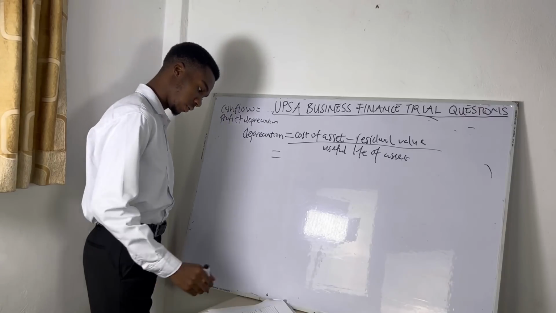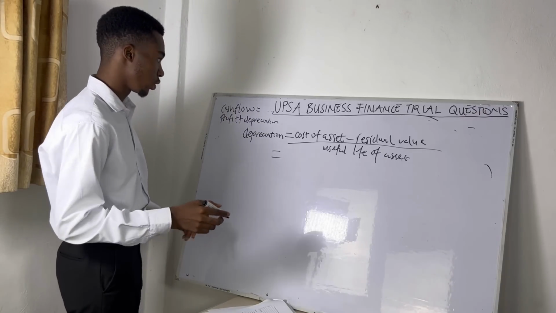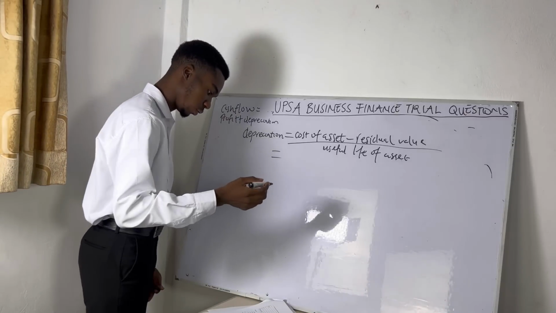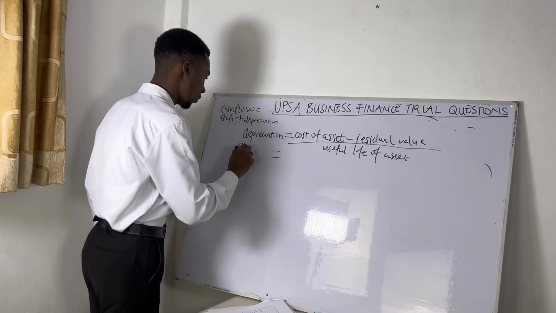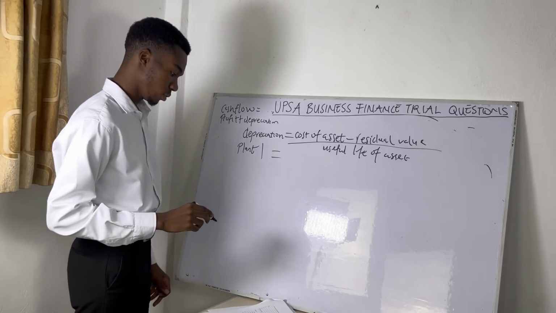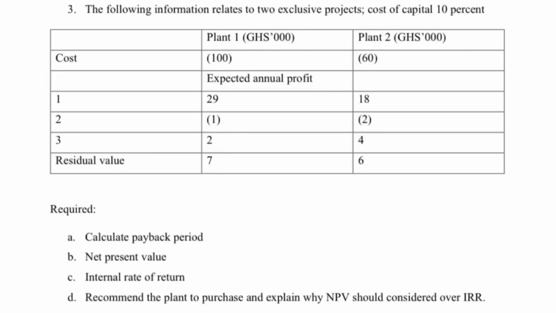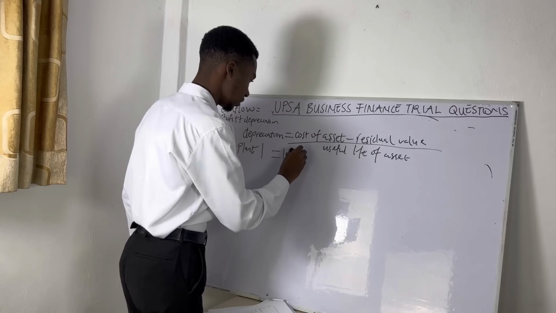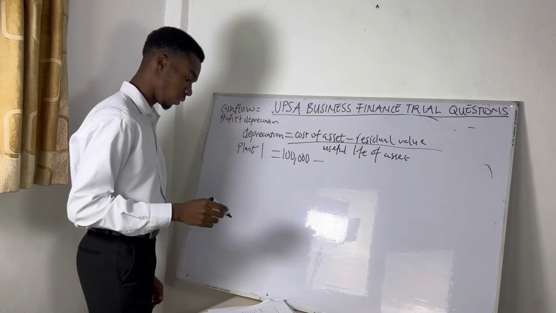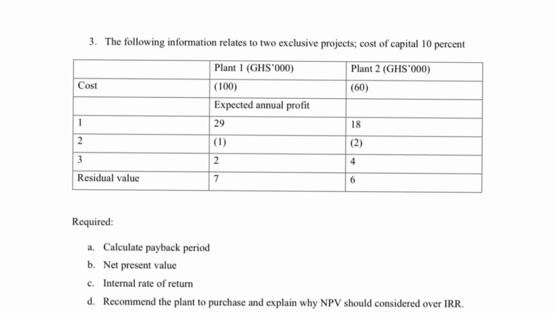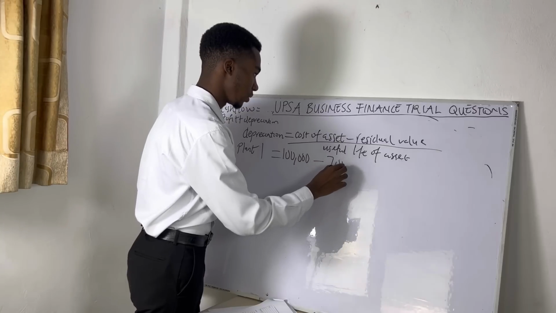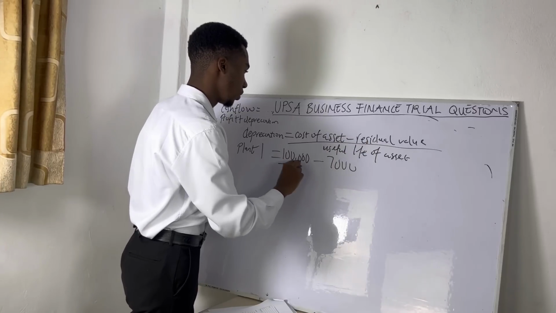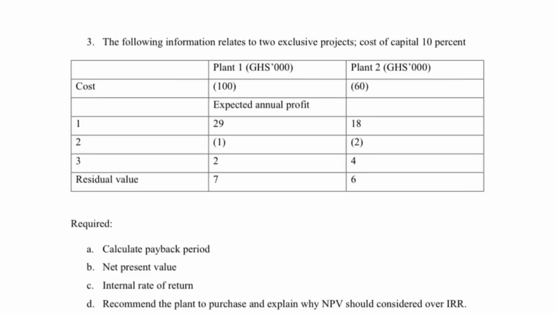Let's do it for both plants so that we can work it easily. Let's start with plant 1. For plant 1, the cost of assets is 100,000 cedis. So you can do 100,000 minus the residual value, which is 7,000, over the useful life of assets, which is 3, because it's only 3 years: 1, 2, 3.